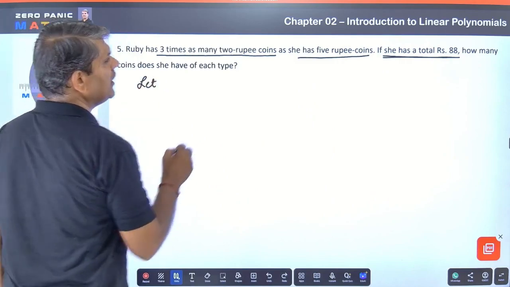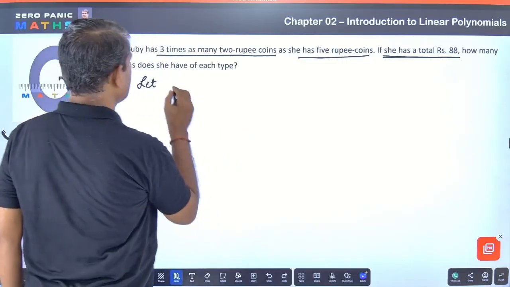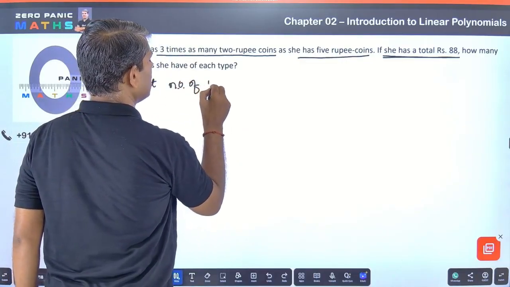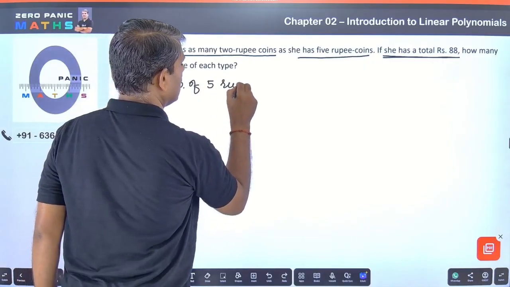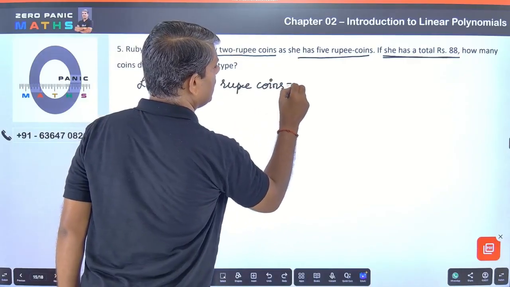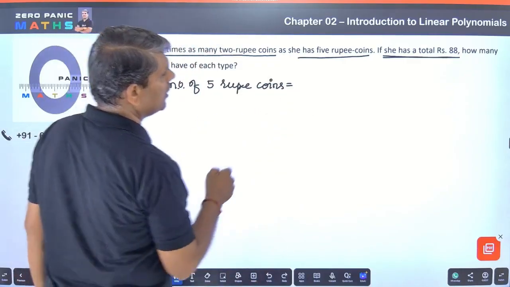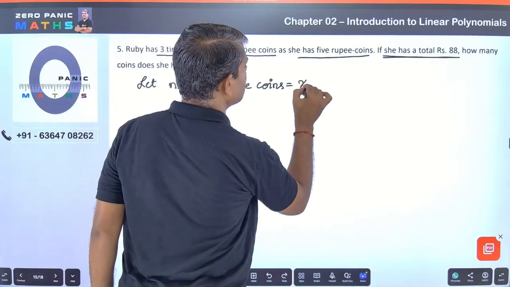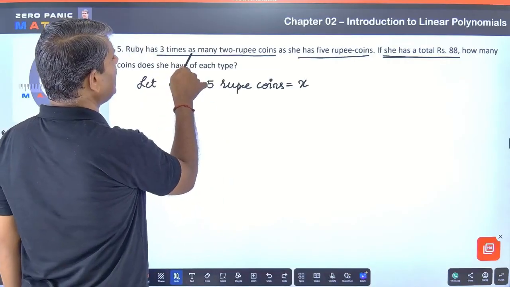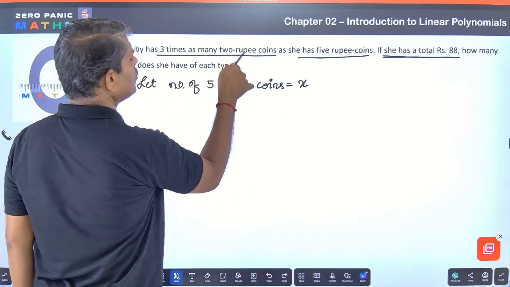Let the number of 5 rupee coins be x. It might take a little bit of time, but you have to write it. Okay, now as given here, the number of 2 rupee coins is 3 times the number of 5 rupee coins.